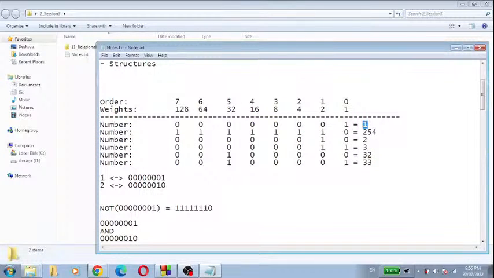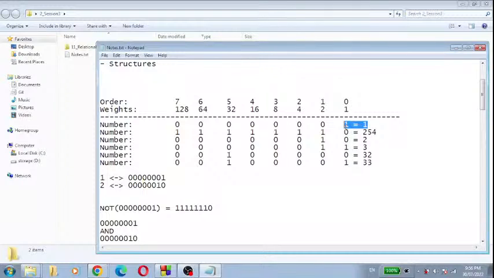One here is an odd number, so it has 1 on its bit 0. 254 is an even number, so it has 0 on its bit 0 actually. 2 is even, you have 0. 3 is odd, you have 1. 32 is even, you have 0. 33 is odd, so you have 1. So all the odd numbers have 1 at the last bit, the bit 0 actually.